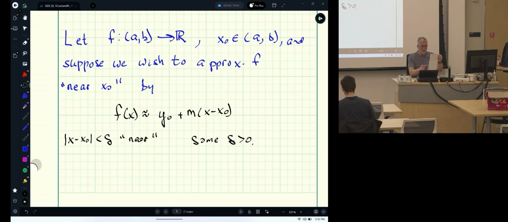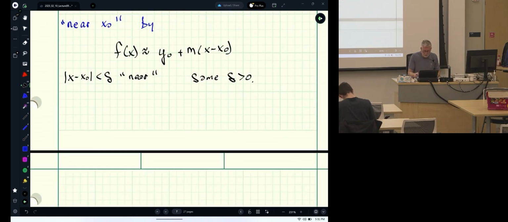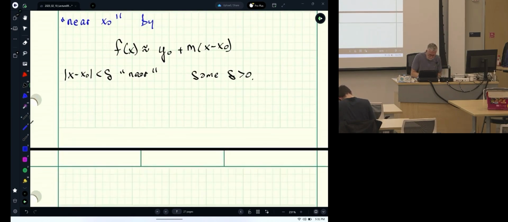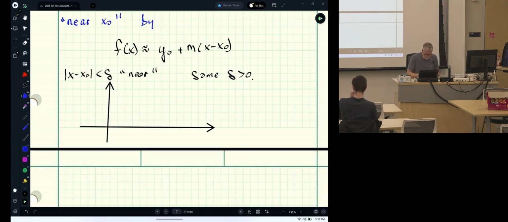How do we choose the values of y0 and m?